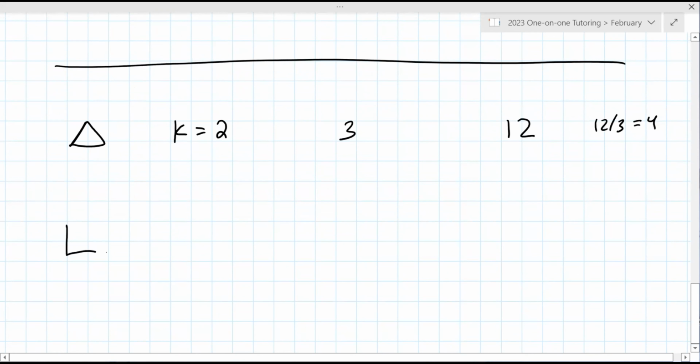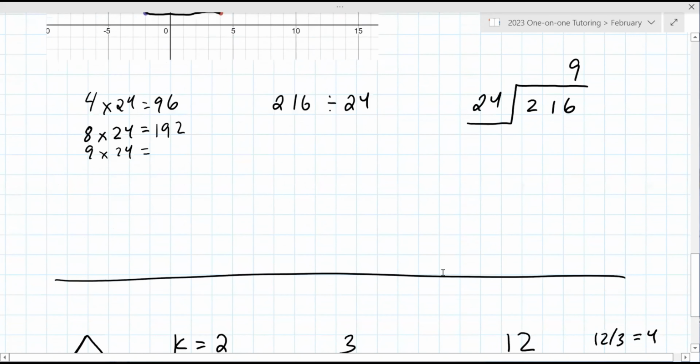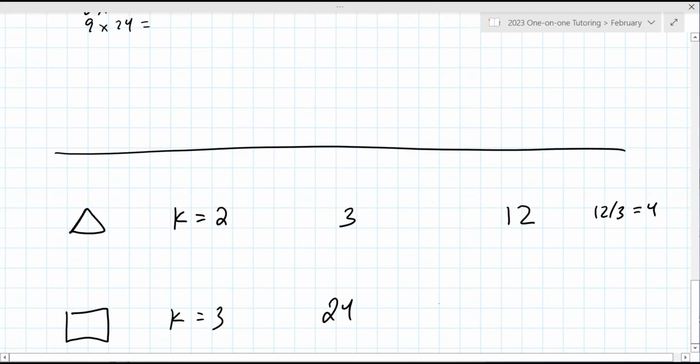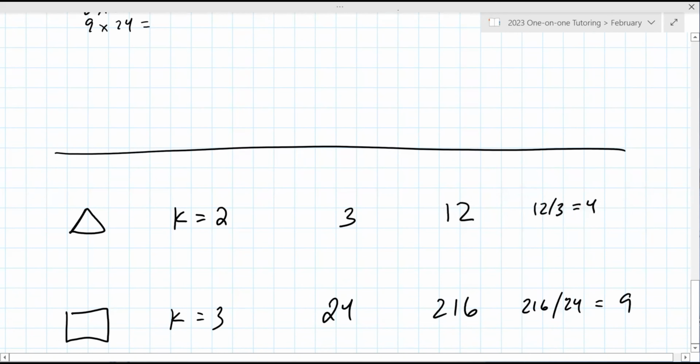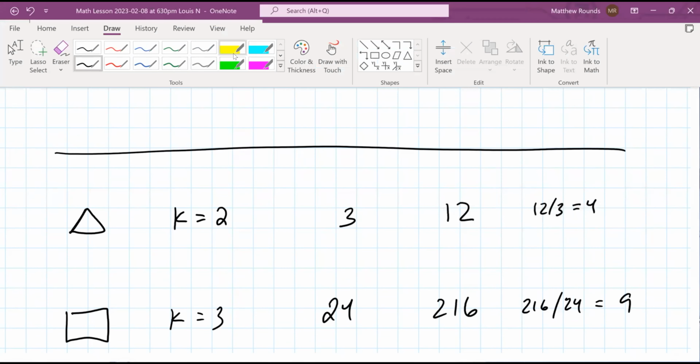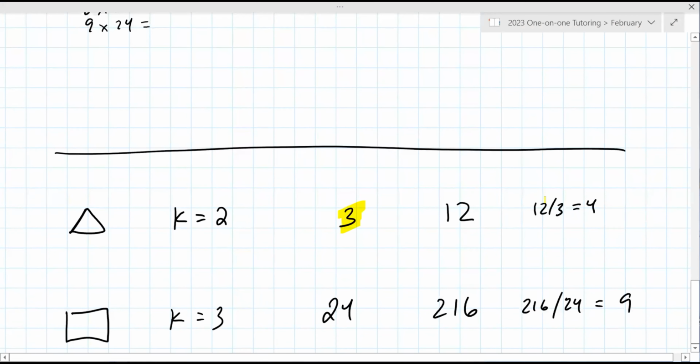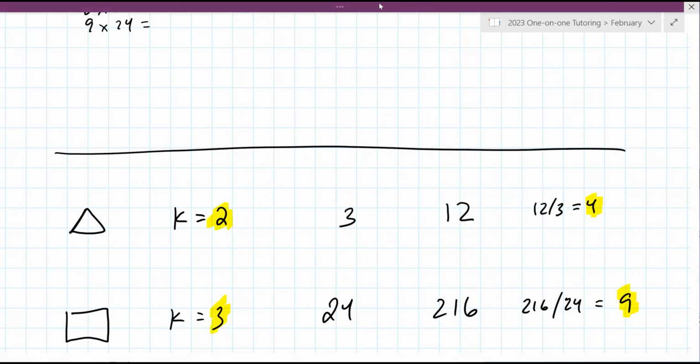Then we did a square with a K factor of 3, and the first area was 24 and then 216. What was really interesting here is that 216 divided by 24 is 9. I want you to look at this number and this number, this number and this number, and tell me if you see a pattern.